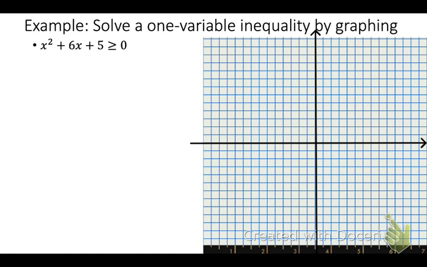That is not in the nice form of a(x minus h) squared plus k, is it? No. So it's not helping me out much.